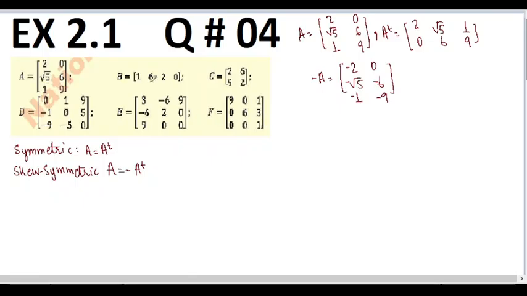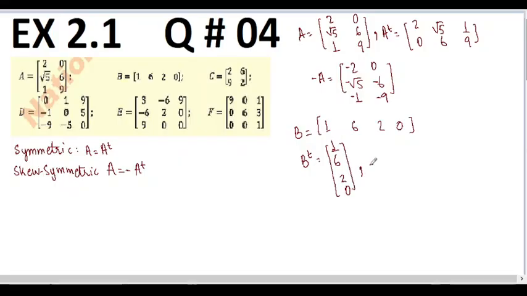Now we are going to move towards part B, which is B equals [1, 6; 2, 0]. First of all we are going to take its transpose. B transpose equals: this row is changed into the first column, 1, 6, 2 and 0, and it ends.